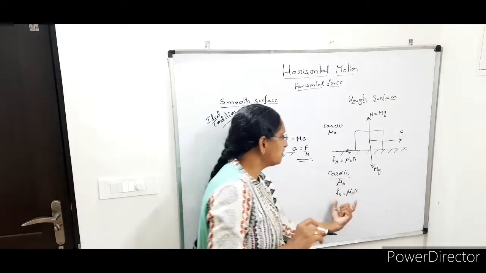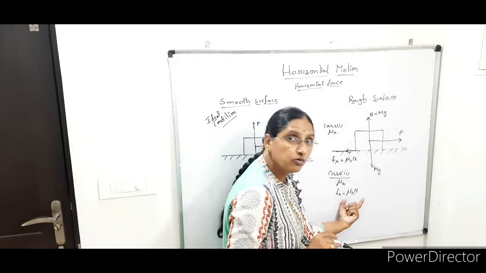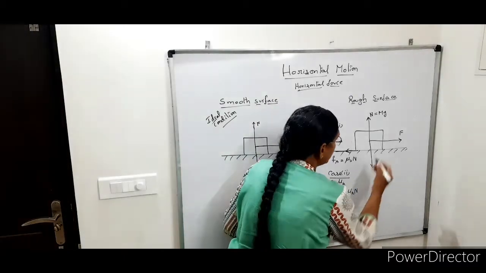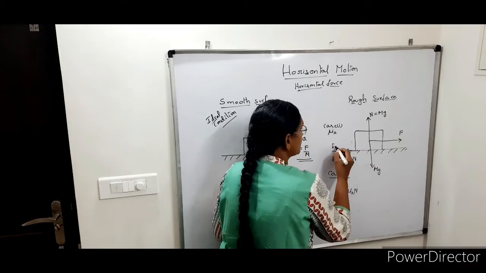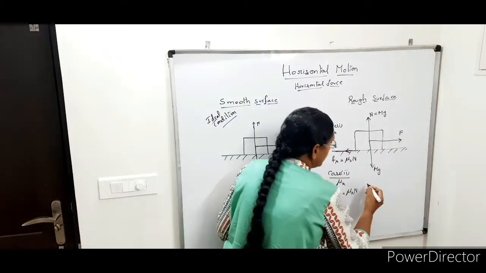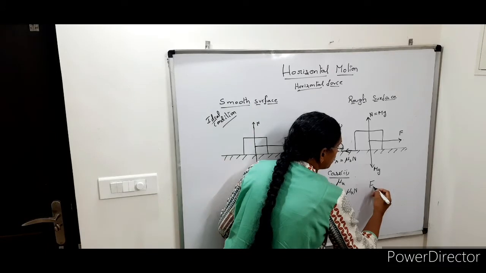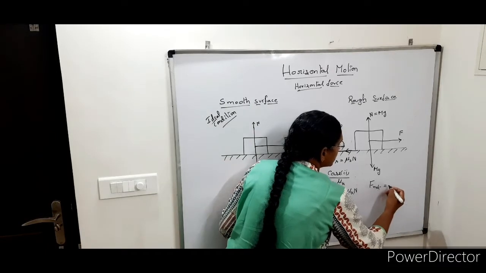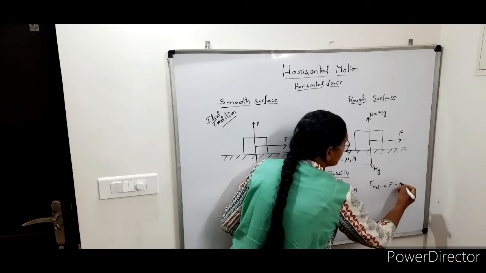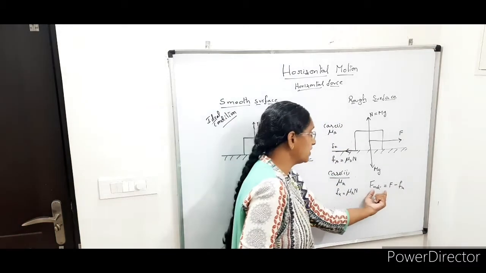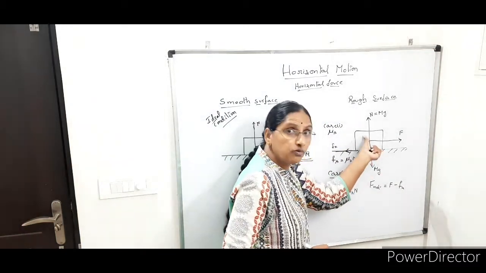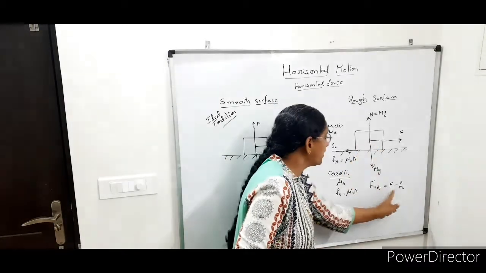So with what force does the body move now? Here is F, here is Fk as it is moving. Then it moves with a net force F net equal to F minus Fk.